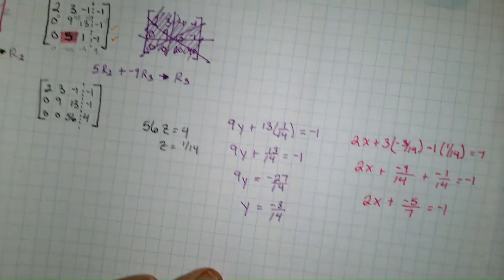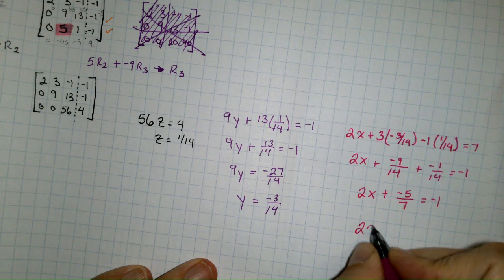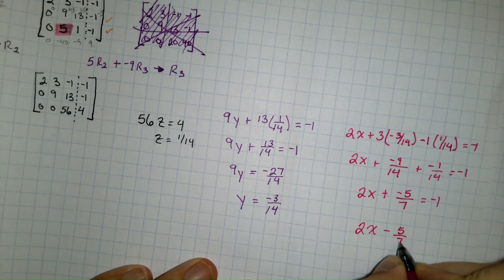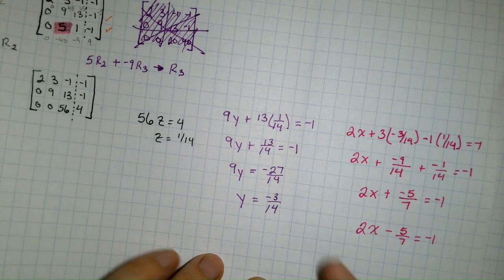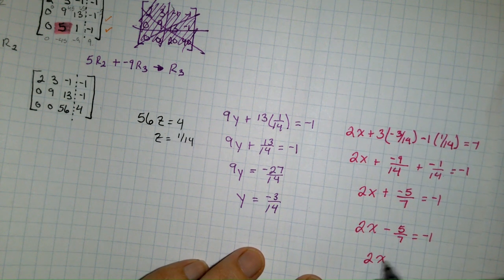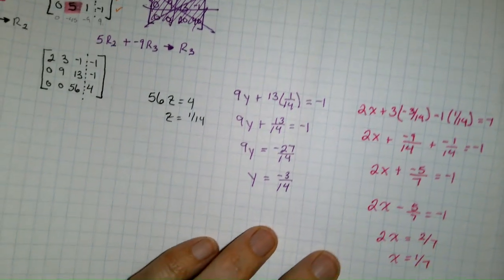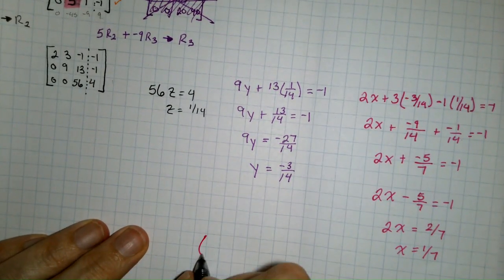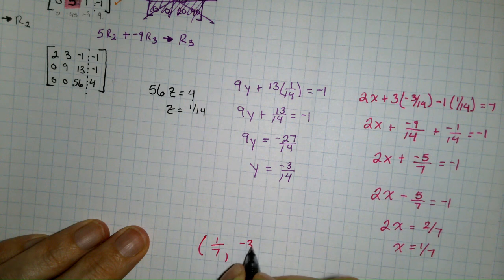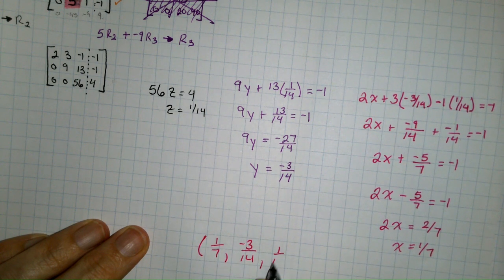Now, I am not a fan of double signs, so I'm going to change this to 2x minus 5/7. When I add that to the other side, I get 2x equals 2/7. Divide by 2, I get 1/7. So now I have that ordered triple of x, y, and z.